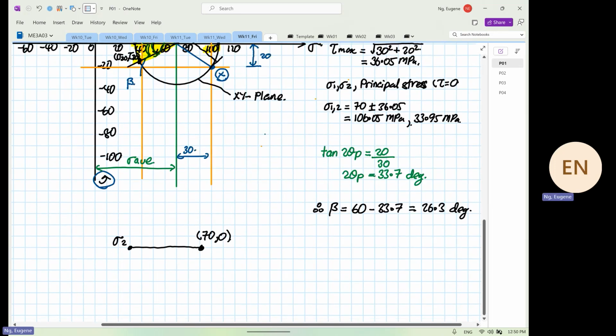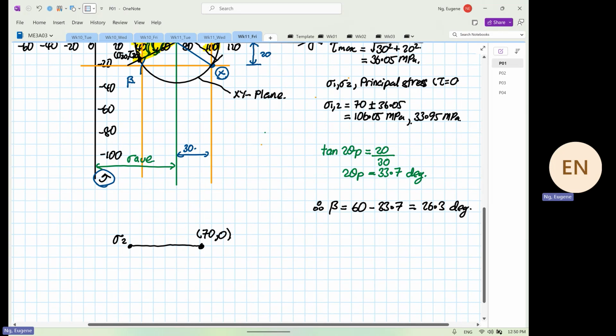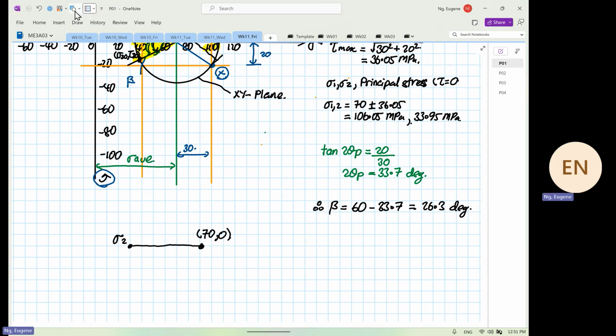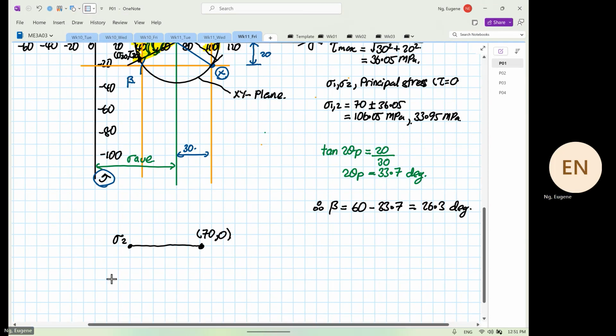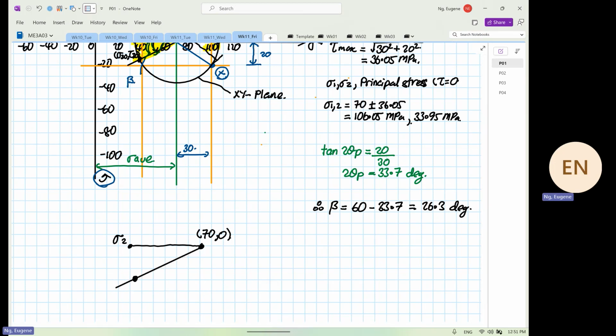Then there's an angle that we worked out, 26.3 degrees, which is about this angle over here. This is the point that we want to identify, our normal stress 30 and our shear stress 30.